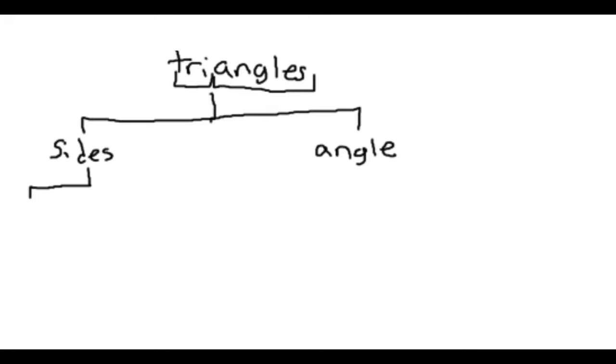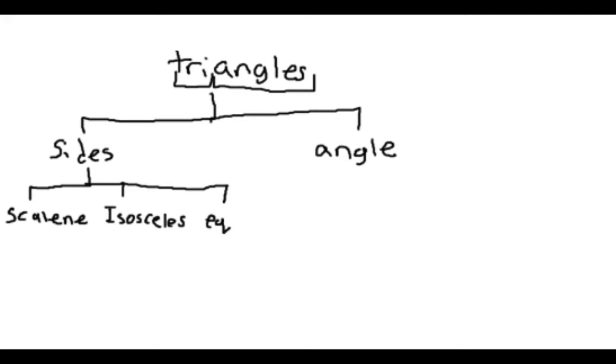So the different ways they could be described by their sides, we have scalene triangle, we have isosceles triangle, and we also have equilateral triangles. And what do these terms mean?